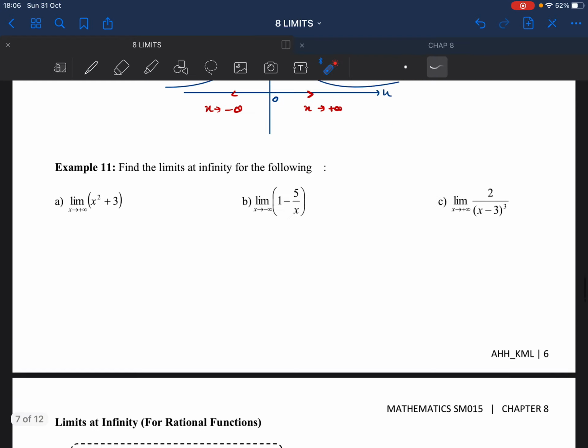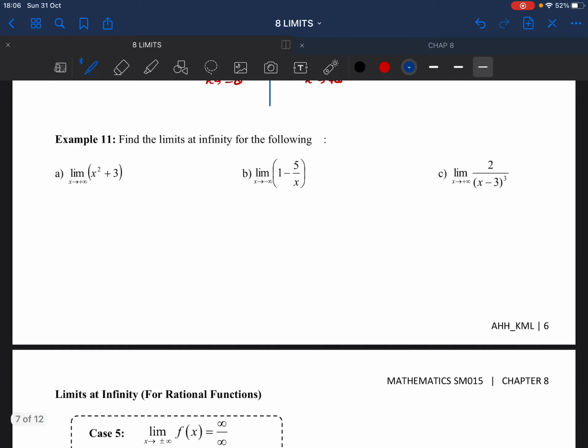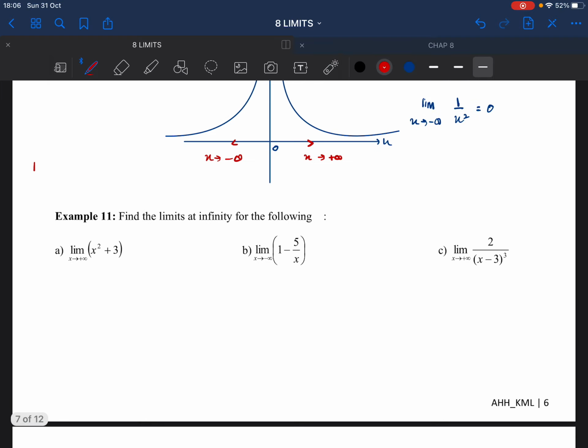Make sure to know that when you have a limit as x approaches positive or negative infinity, if you have a over infinity, you are going to get 0. Sorry, I made a mistake here. If we have a over infinity, the answer should be 0.